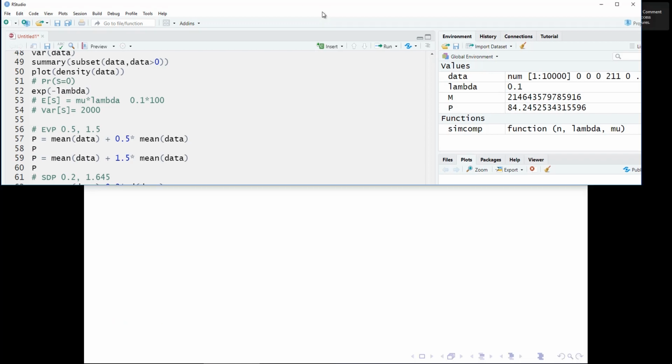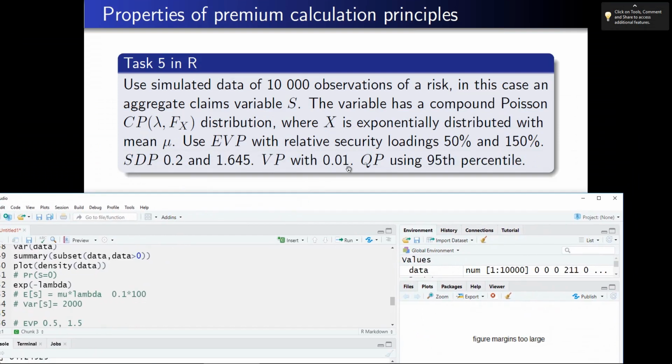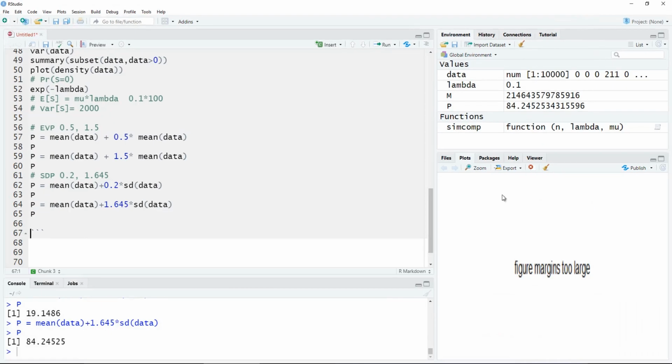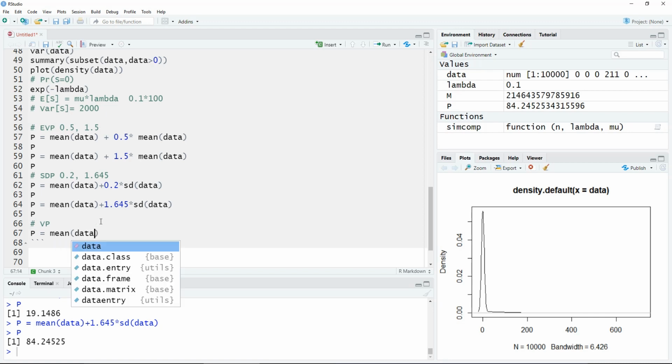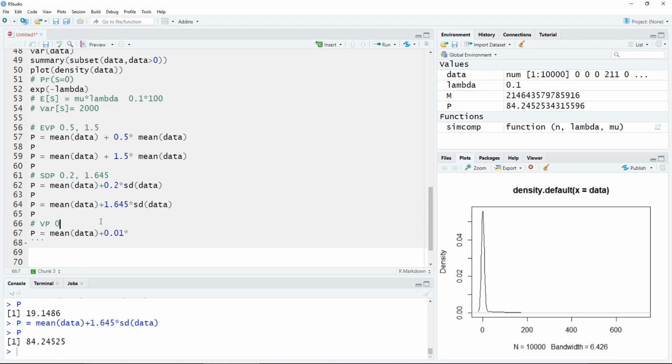So what principle can we use next? VP with 0.01 and then QP with 95 percentile. So VP uses the variance to calculate, and P will be mean data plus 0.01 times variance of our data.